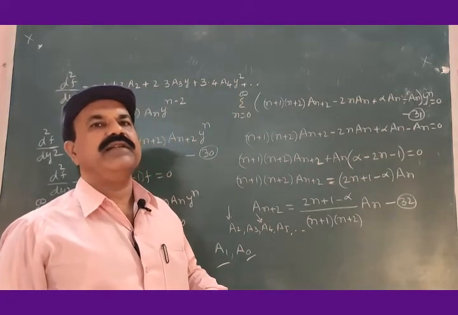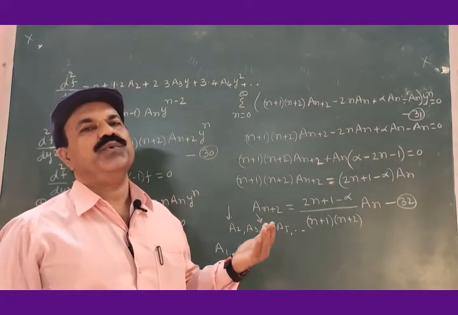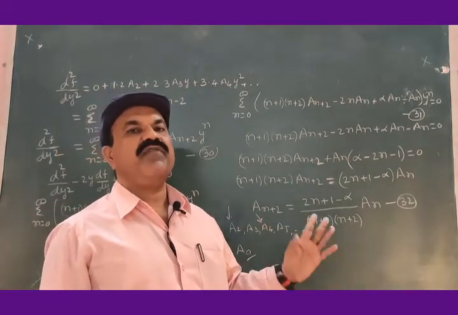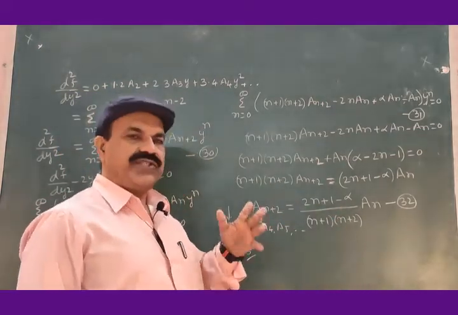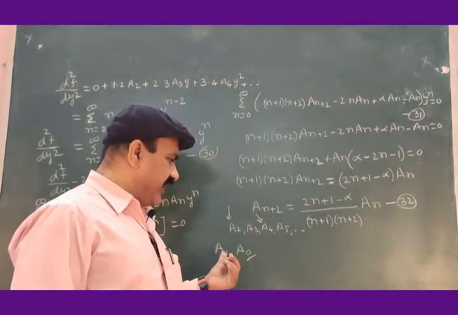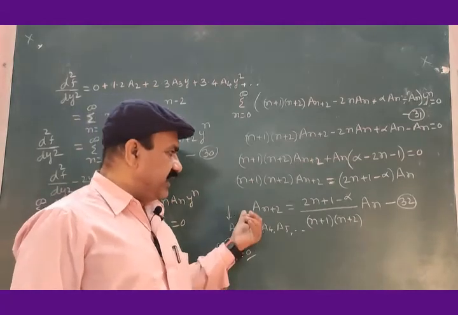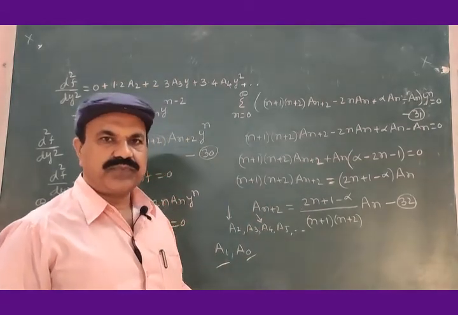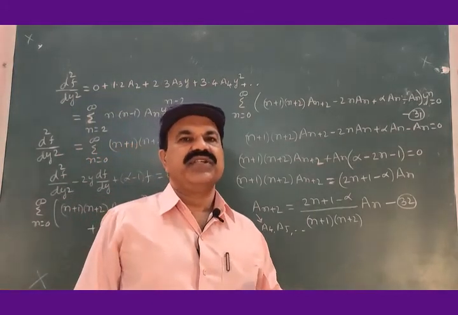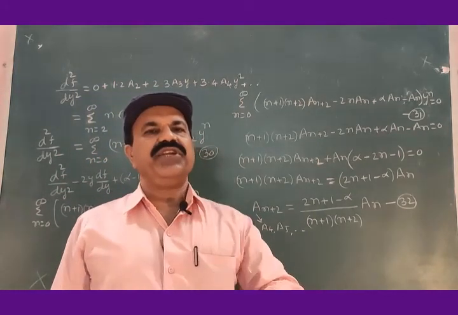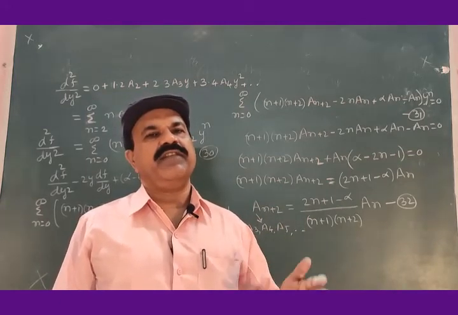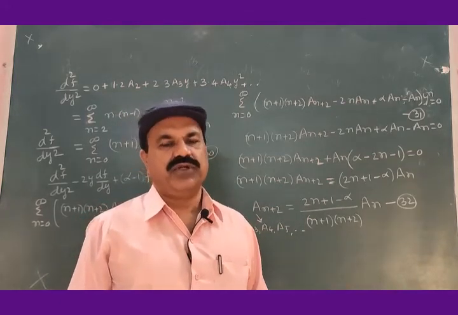All the even parameters a2, a4, a6, a8, a10 etc. can be found if it is solved for a0. If this recursion relation is solved for a1, then this equation can be used to get the values of the odd parameters a3, a5, a7, a9, a11, a13 and so on.